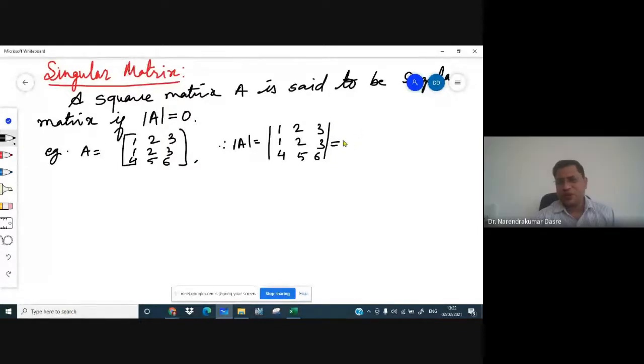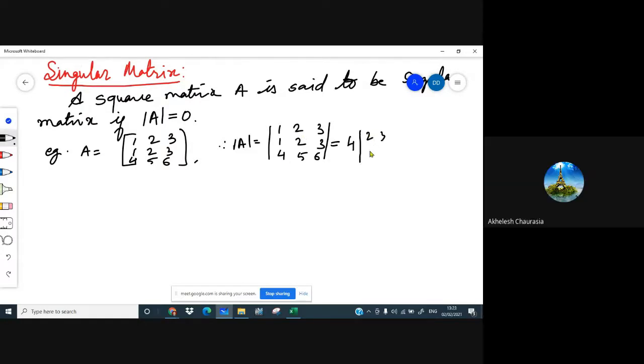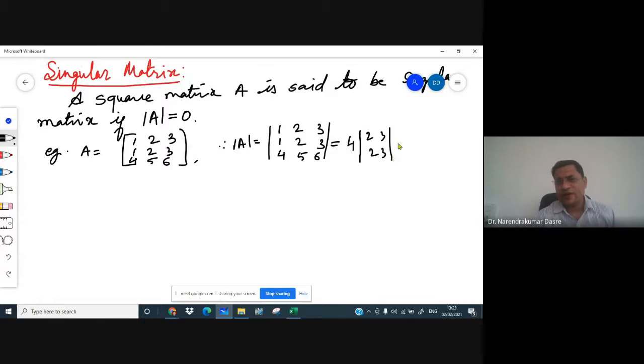If I consider this as, so 4 into the determinant 2 3 2 3, then minus 5 times the determinant 1 3 1 3, and plus 6 times the determinant 1 2 1 2. This is the formula.